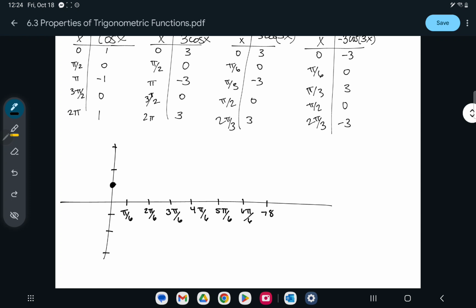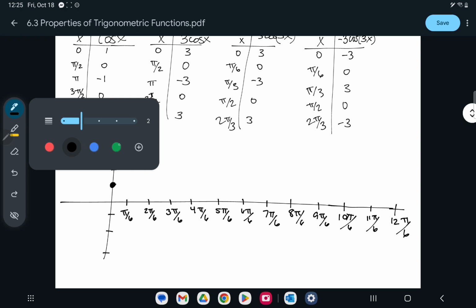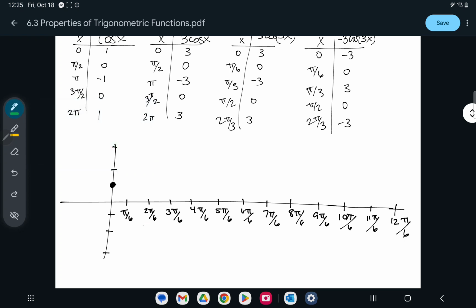6, 7, 8, 9, 10, 11, and 12. I'm going to write it in green, the reduced one.